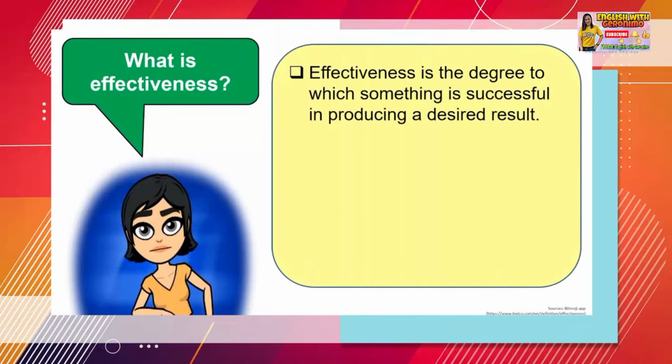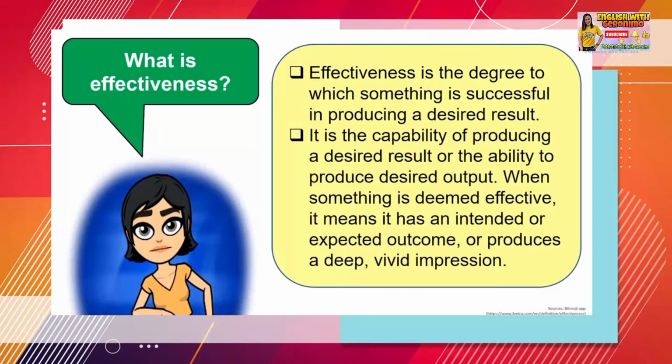Effectiveness is the degree to which something is successful in producing a desired result. It is the capability of producing a desired result or the ability to produce desired output. When something is deemed effective, it means it has an intended or expected outcome or produces a deep, vivid impression.